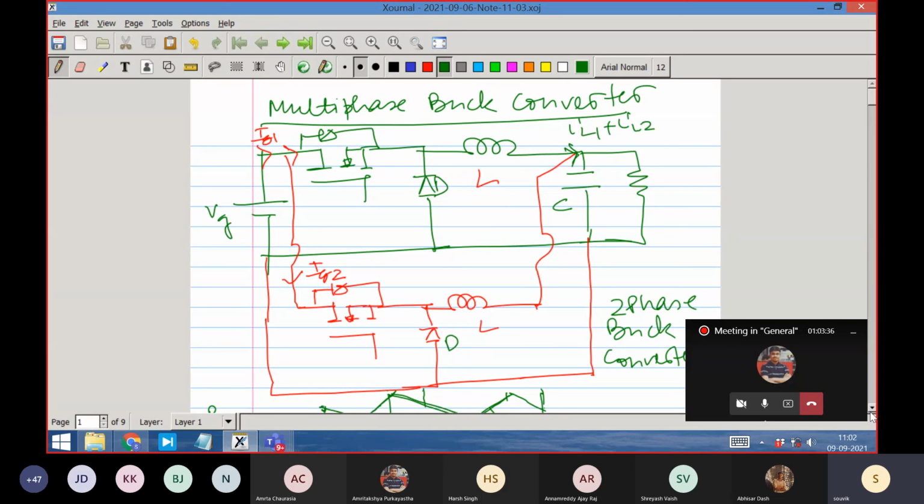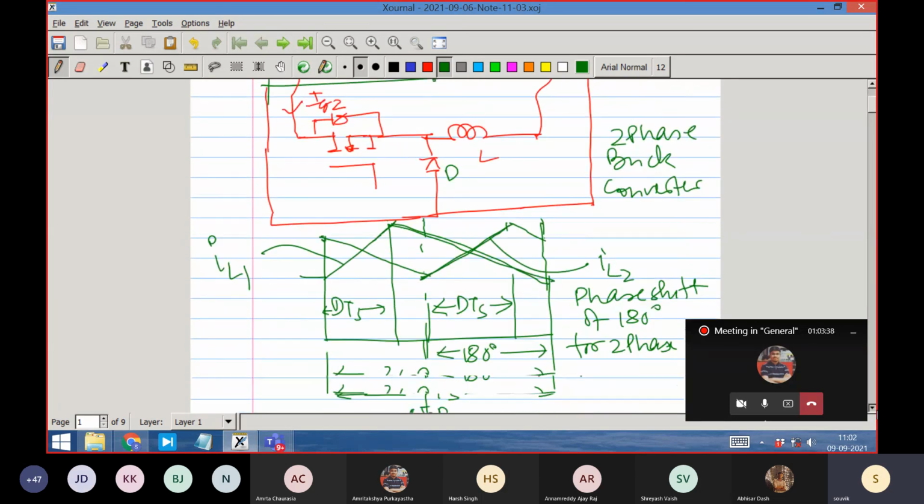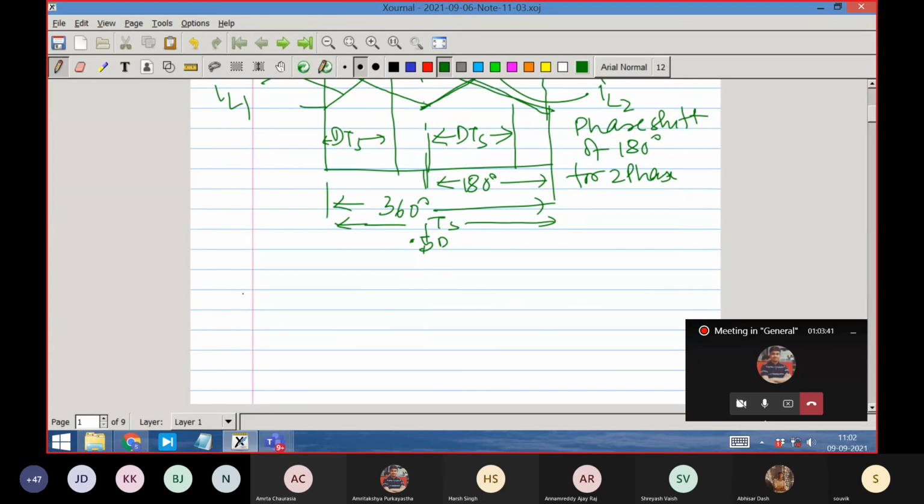Sketch IL1, IL2 and sketch IC. IL1 plus IL2 is equal to, if I can call it IL, IC plus V naught by R.